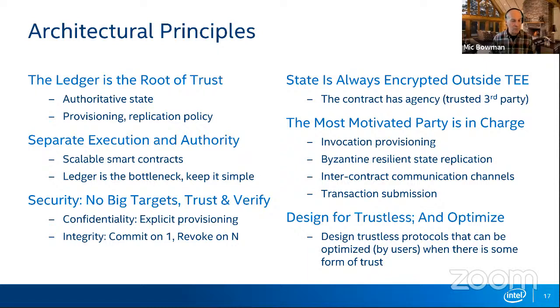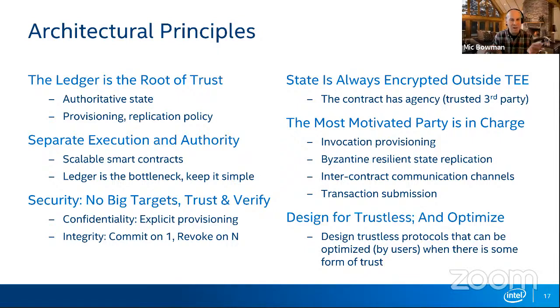So we can perform operations that cannot be committed, for example, because somebody else has committed the current state, or because the execution returns an invalid transaction that way. But by separating execution out into the contract enclave services, it allows us to have scalability in the execution separate from the problems we have with scalability of consensus in the ledger.